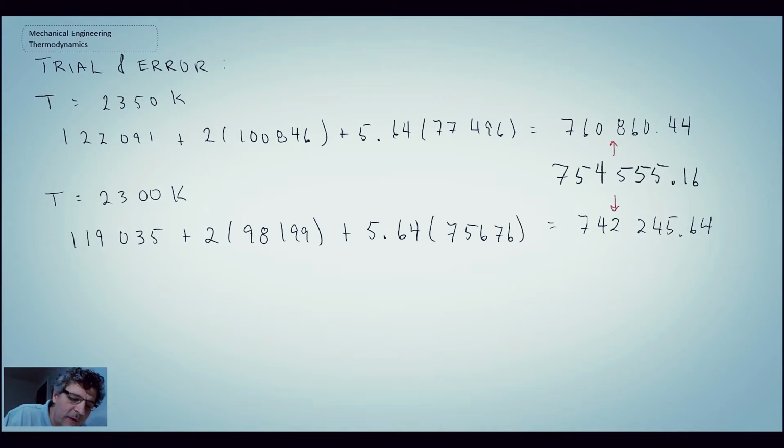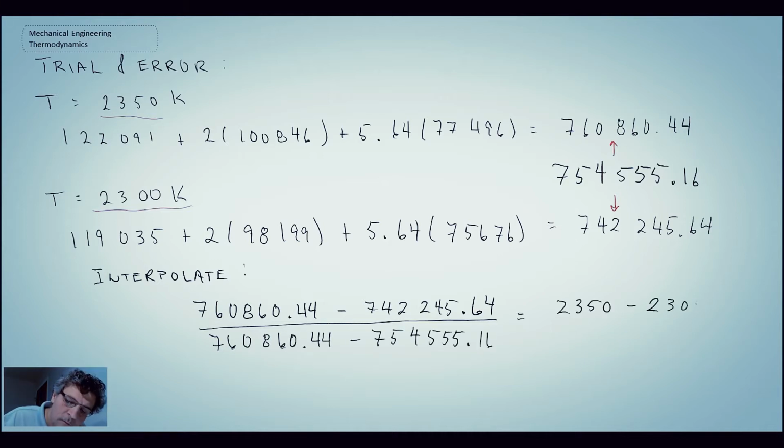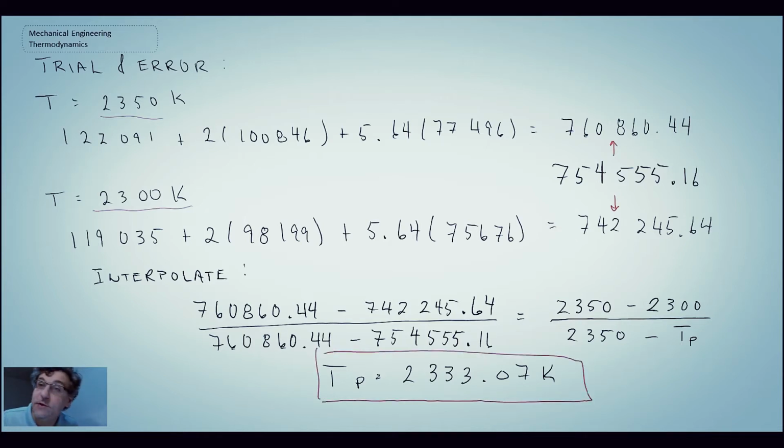So we know that the final temperature we have is somewhere between 2350 and 2300. The way that we will determine that is we will perform an interpolation. And that's what we then get for the adiabatic flame temperature if we're dealing with a constant pressure system.